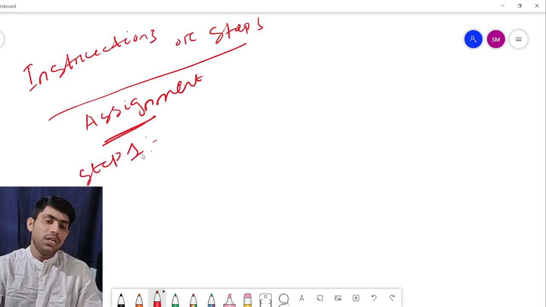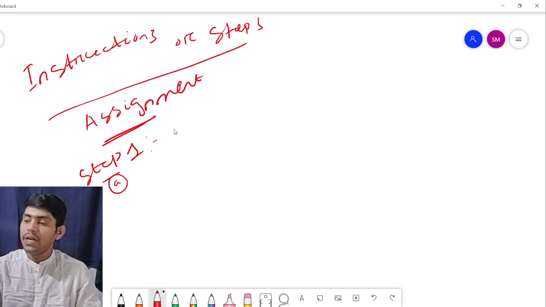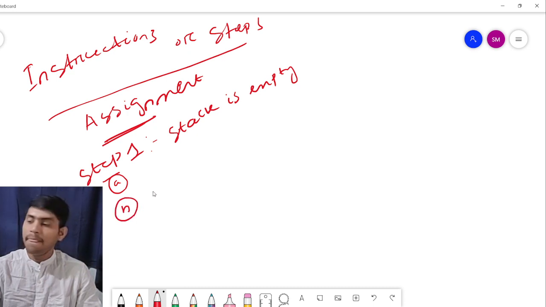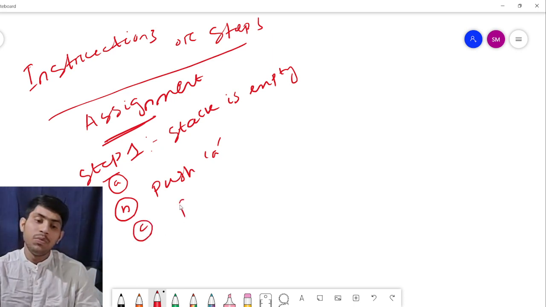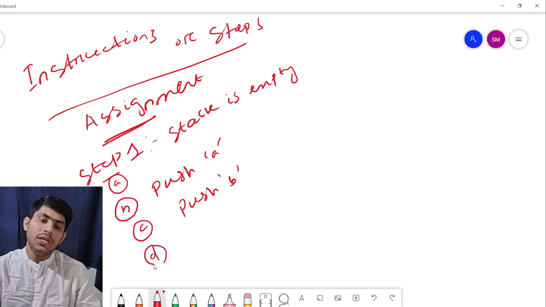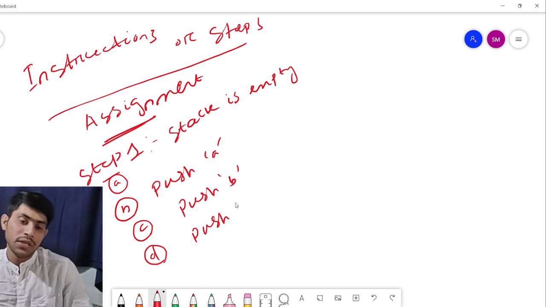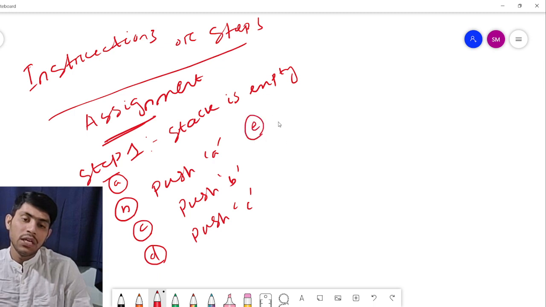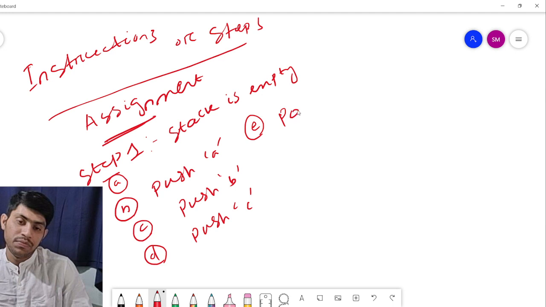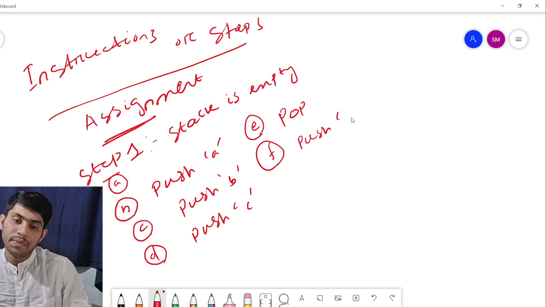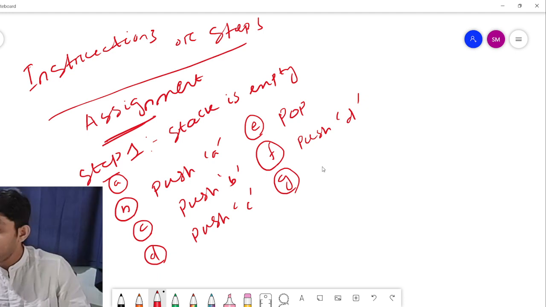Step A: stack is empty. B, push A. C, push B. D, push C. E, pop. F, push D. G, pop.